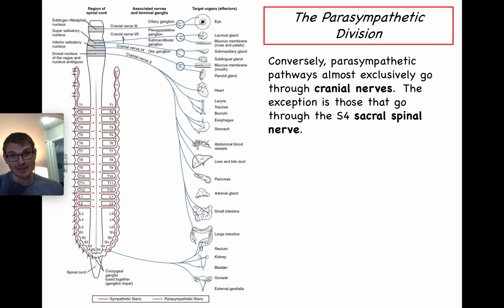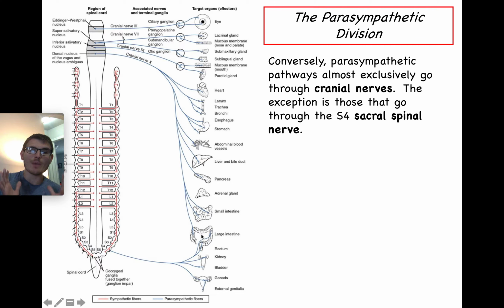But again here, if we look at some of the targets of parasympathetic pathways, you can see a lot of the same ones that we saw with the sympathetic division. Smooth muscle in the iris of the eye, glandular tissue of the mouth, heart, air pathways, respiration, digestive, endocrine, reproductive, urinary.